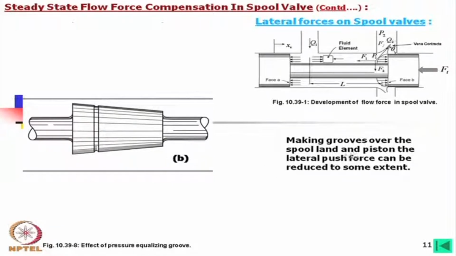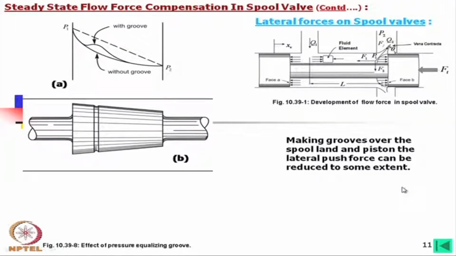By making a groove over the spool land or the piston, the lateral push force can be reduced to some extent. How? If we look into the pressure distribution, due to this groove, the distribution will be something like this. Whatever the pressure here, it is connected to the other side.